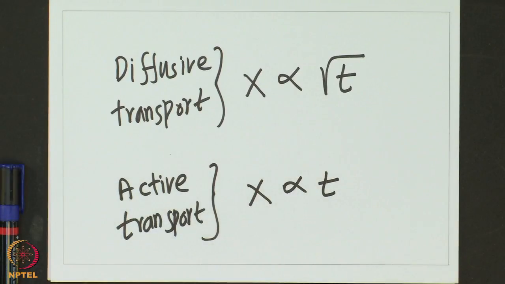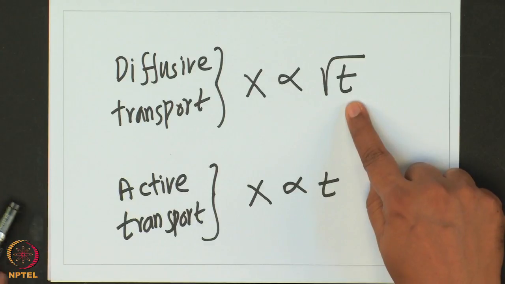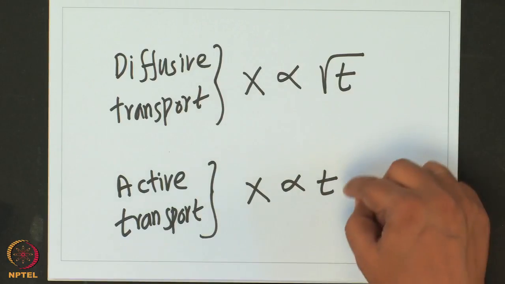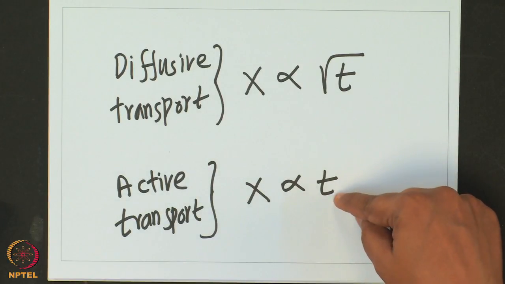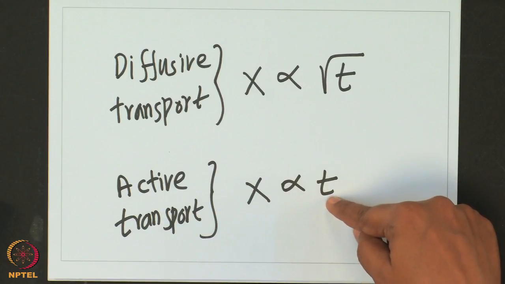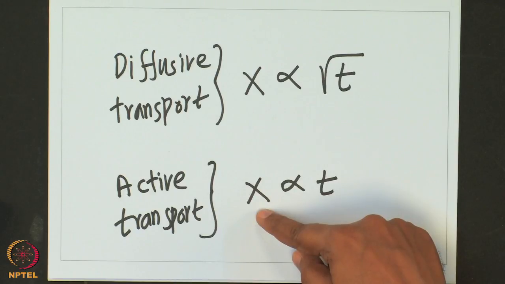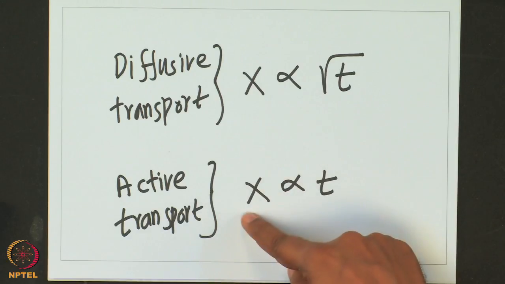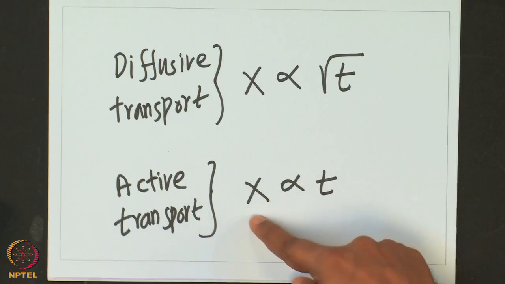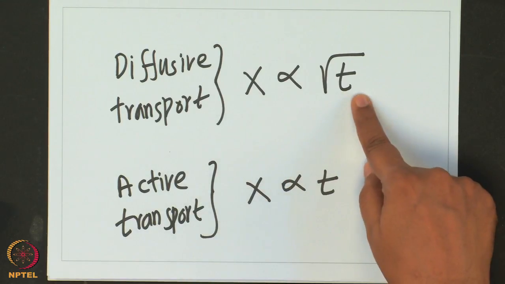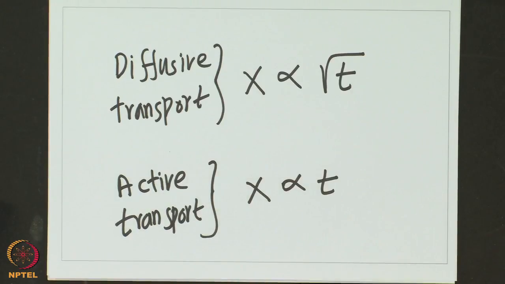So this is the difference. If I increase time by 100 times, the distance traveled would increase only by 10 times. If I have molecular active transport and increase time by 10 times, the distance would also increase by 10 times. If I increase it by 100 times, it would also increase by 100 times. So in the active transport, the distance traveled x is proportional to time. Here the distance traveled is proportional to square root of time. This is an important difference that all of you should keep in mind.